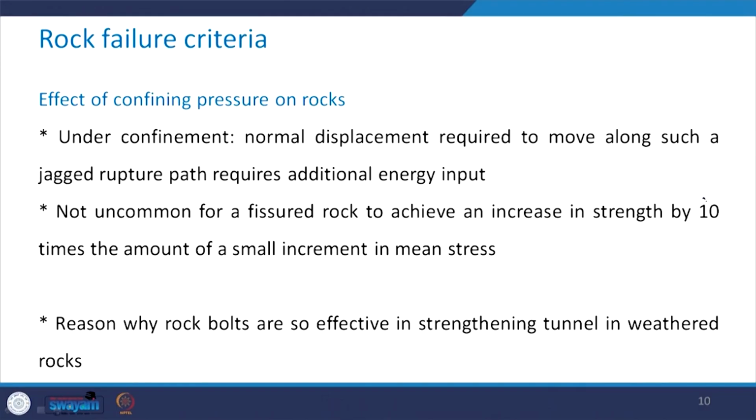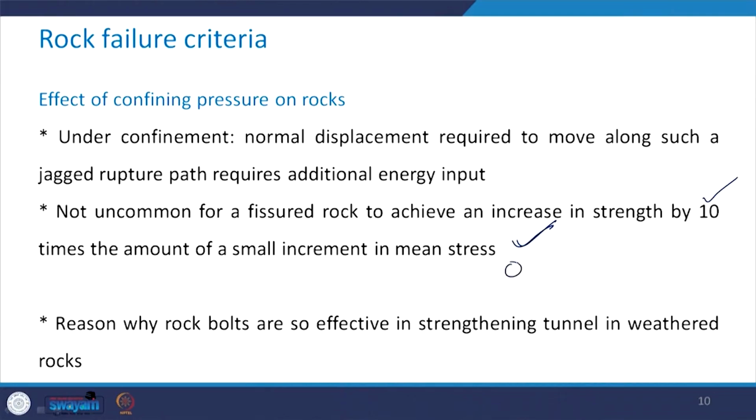Now this is not uncommon for a fissured rock to achieve an increase in strength by about 10 times the amount of a small increment in mean stress. So what do we mean by this? Let us say that you have initially 0 mean stress or confinement, then we increase it to, let us say, sigma 3 1.